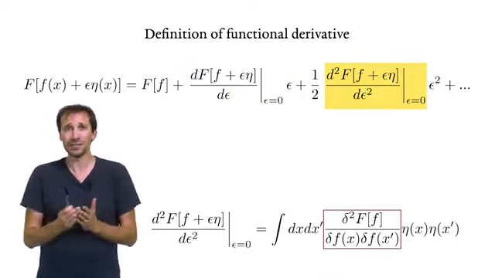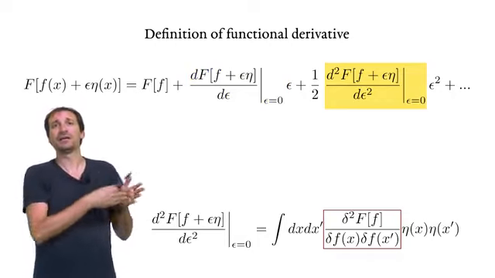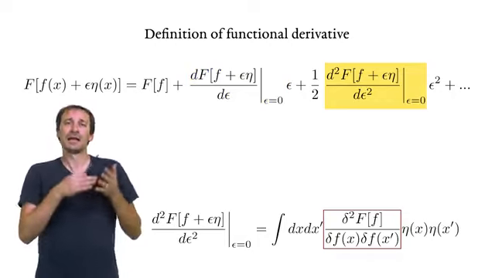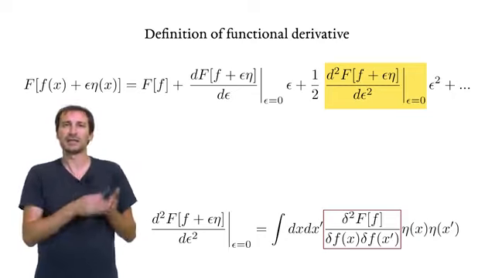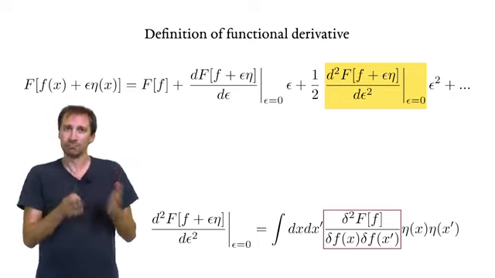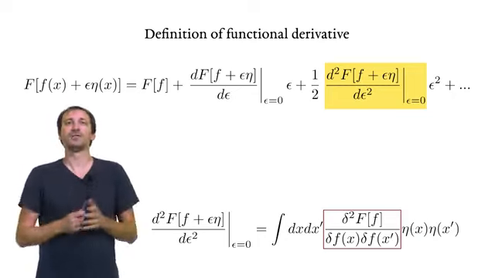And for the same reasons, if the second derivative here in the Taylor expansion in epsilon can be written as a double integral in x and x prime, well, the integrand is the second functional derivative. And of course, we could go on in the Taylor expansion in epsilon and define the generic nth functional derivative associated with the nth term in the Taylor expansion.